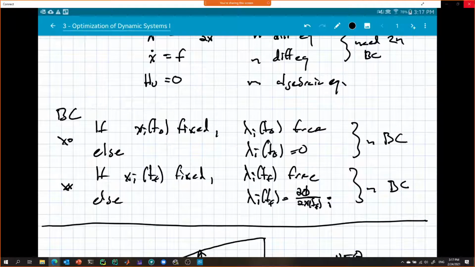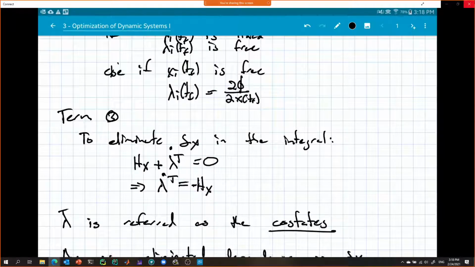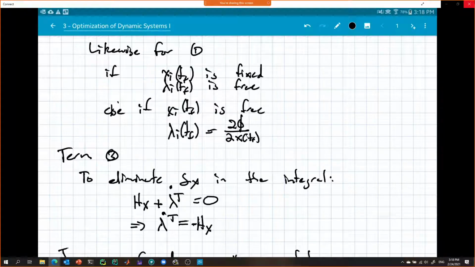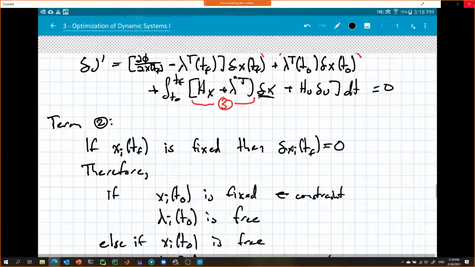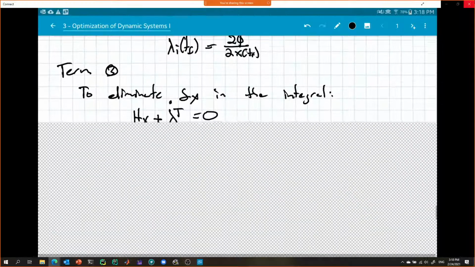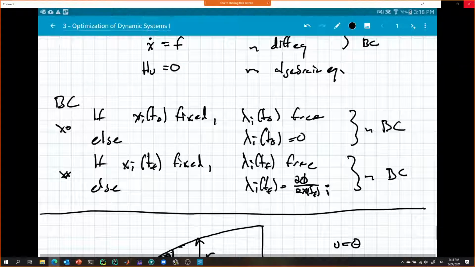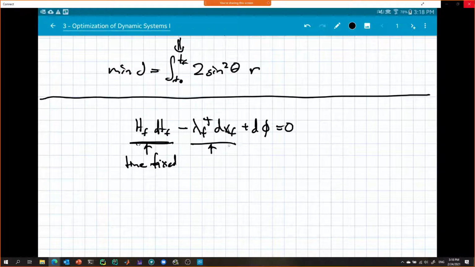So this is all logic that falls out of the transversality condition, but that component is really just equal to this, right? Number 2. So you have lambda t dx at t0. If we look back down here, that's a tf.